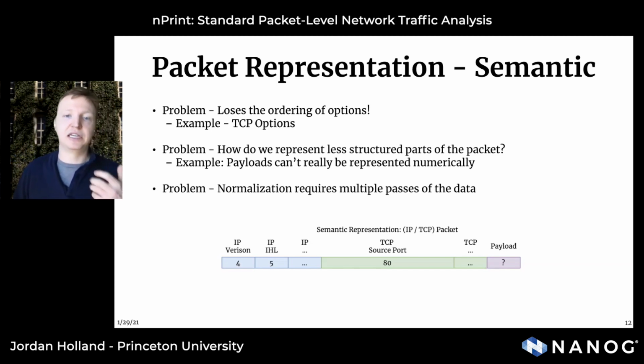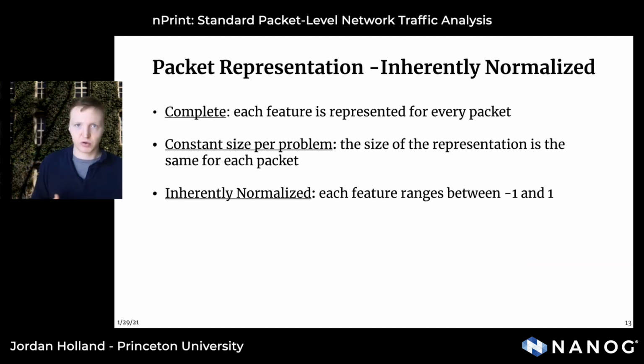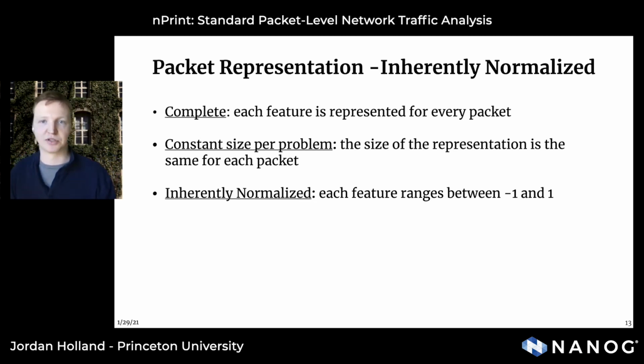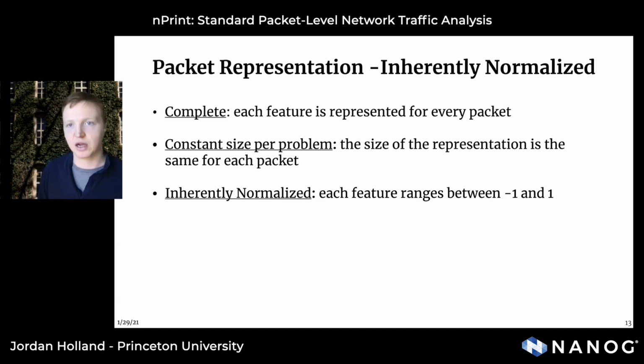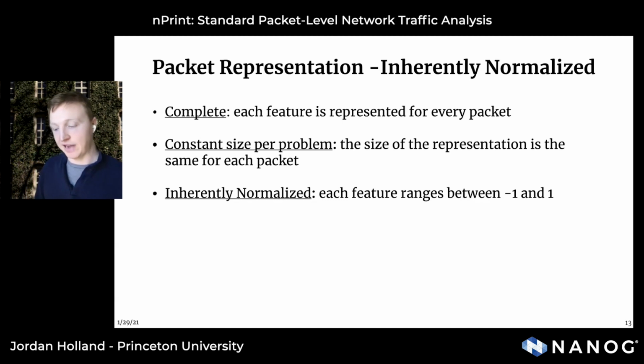So we need to encode this normalization technique as a formal requirement. We're going to add a third requirement: that a standard data representation be inherently normalized. What does inherently normalized mean? It generally means that naturally, when we transform every packet, each feature ranges between -1 and 1.